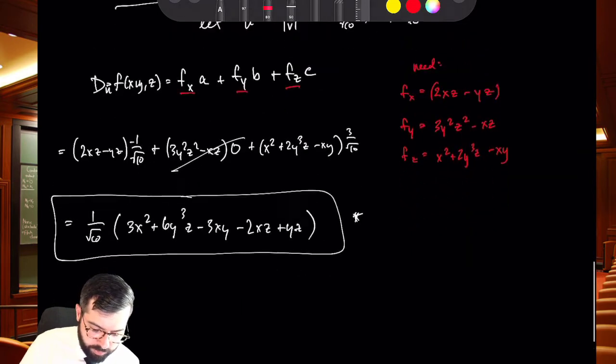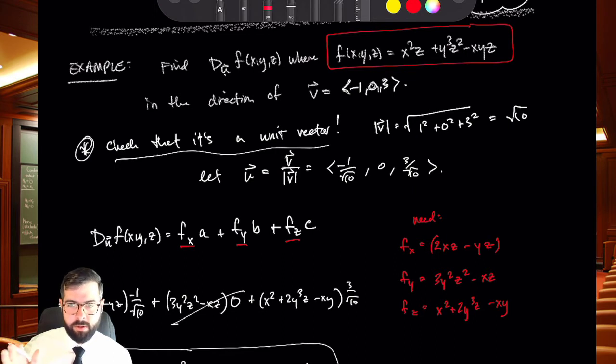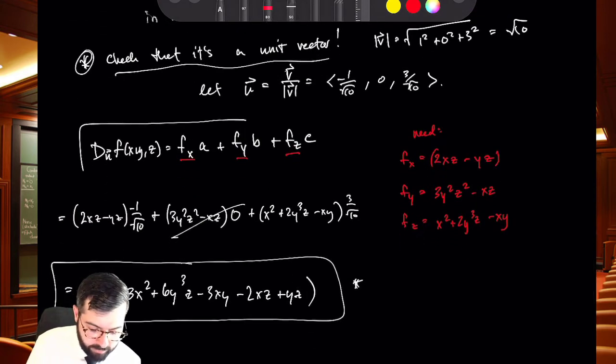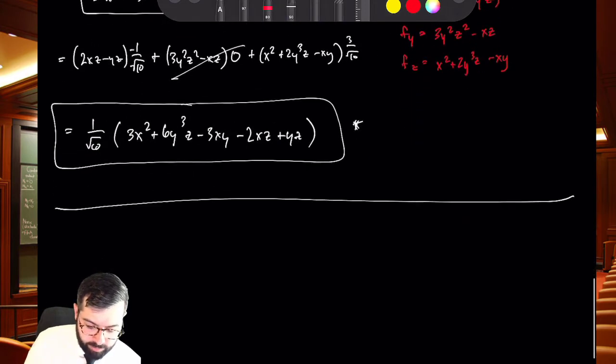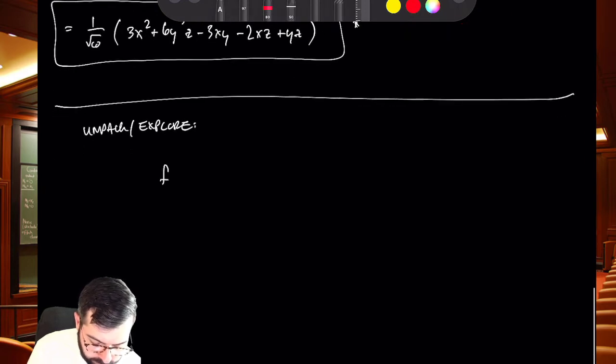So it's important to note these few things. You check that you have a unit vector, and you can quickly make one if you don't. Understanding what this is, understanding that it's a scalar quantity, because the next point here is to unpack or explore this expression right here.